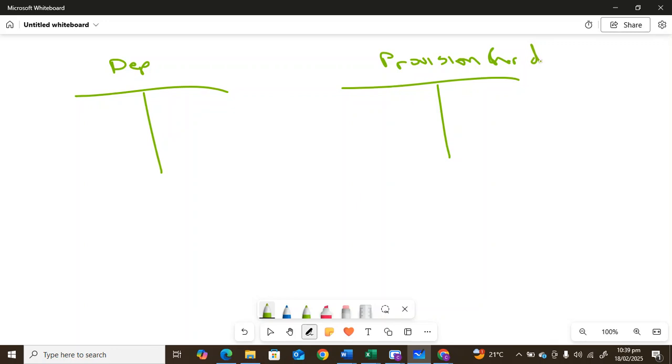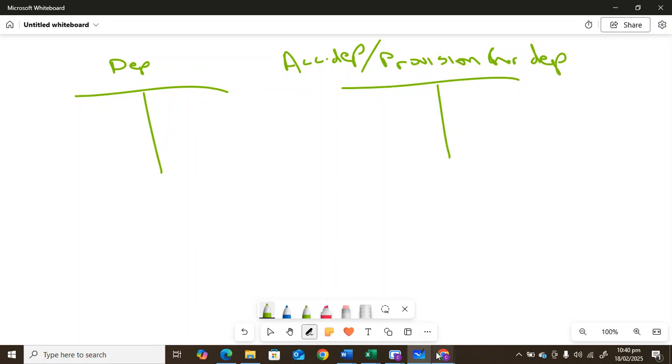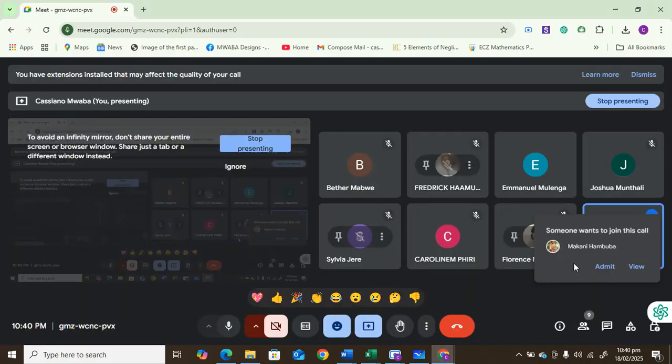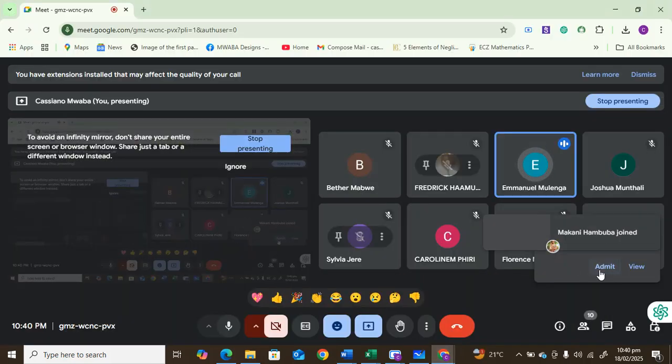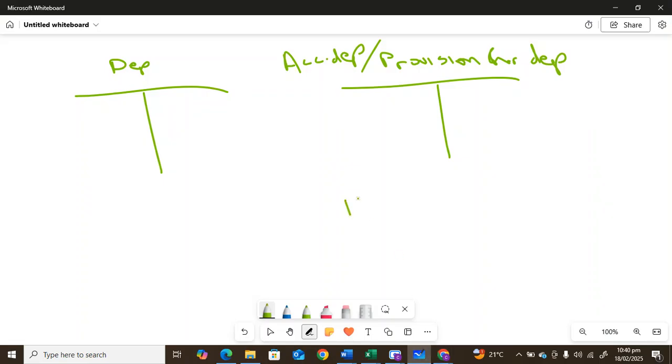Provision for depreciation, or accumulated. Yes, what's 2% of 8,300,000? 166,000 kwacha.